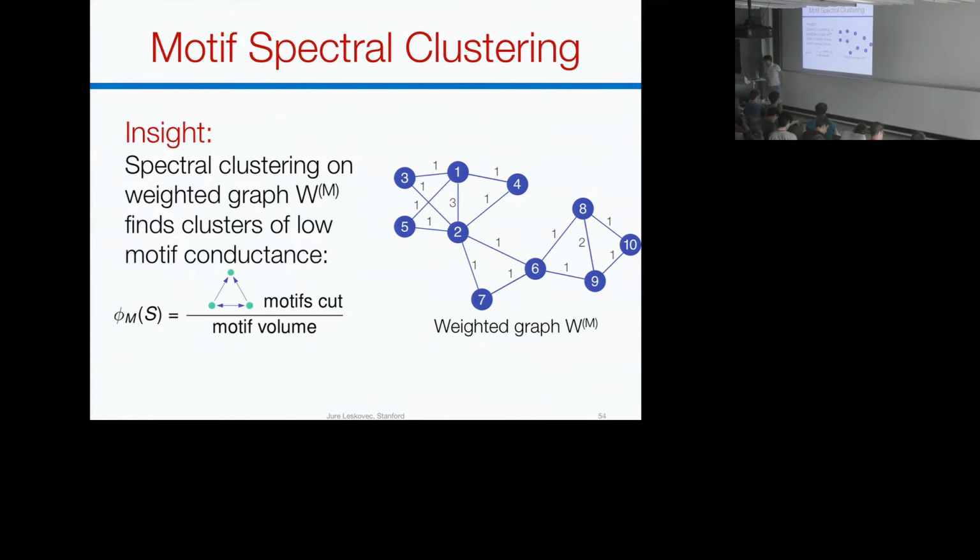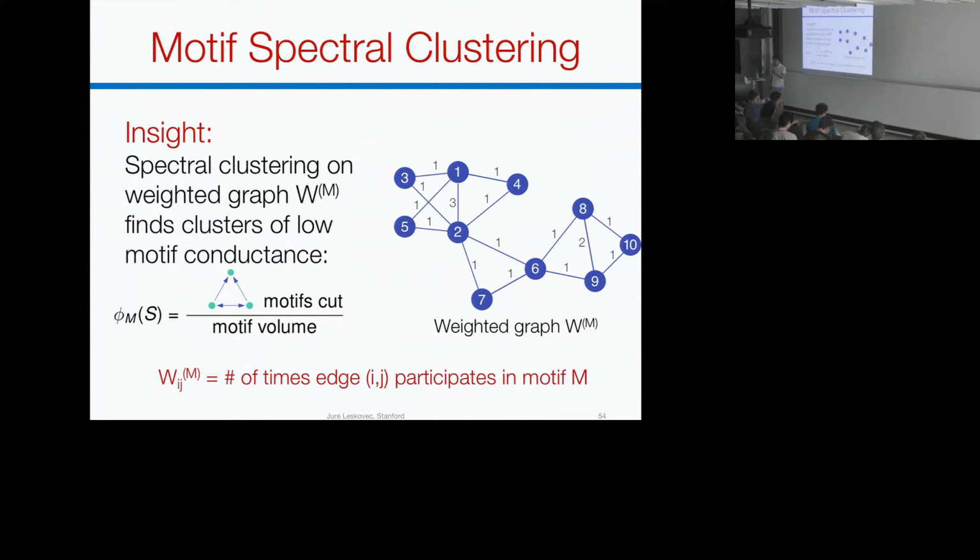So now that I have this, what is the insight? The insight is that applying edge-based spectral clustering, just a standard method, on this weighted graph will find clusters of low motif conductance with respect to the original graph G. That's the main insight, and that's the cool part.